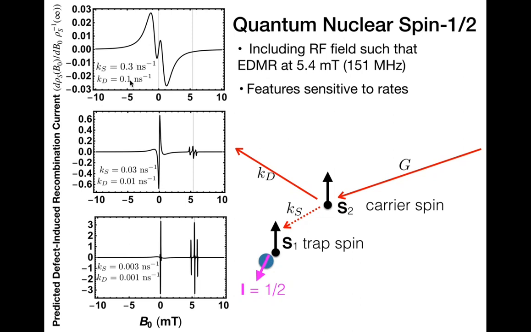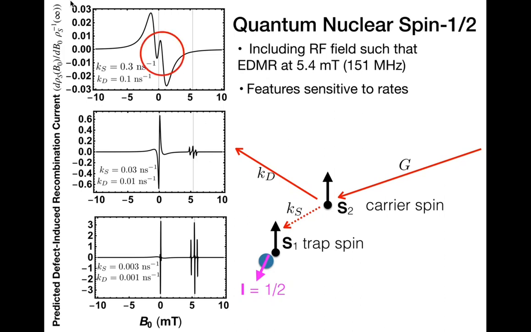So here's what I would call a large Ks, Kd, and then reducing these values, the features change pretty dramatically. Here you have relatively broad features, and then they narrow considerably. Here you have no EDMR showing up. It's very small. Here, as you decrease the rates, you start increasing the EDMR, and we see our 3 peaks for the EDMR, as expected.